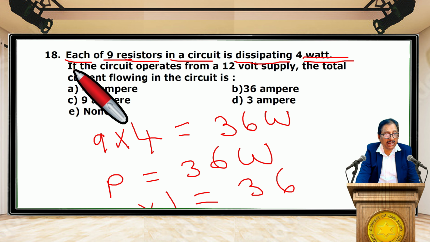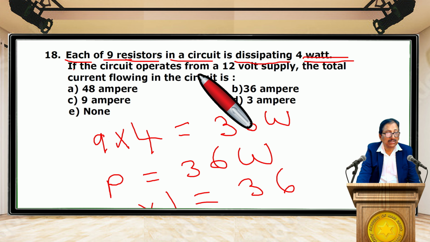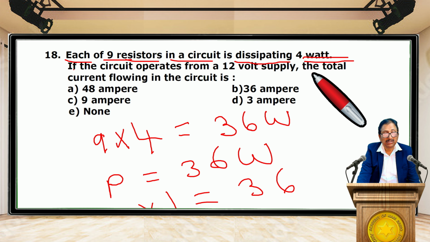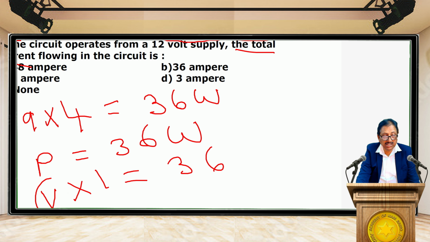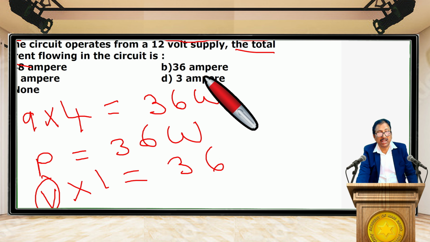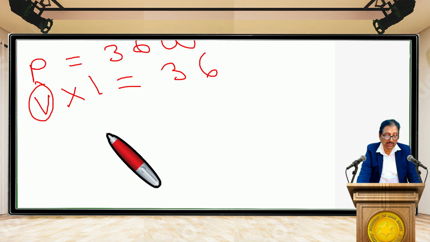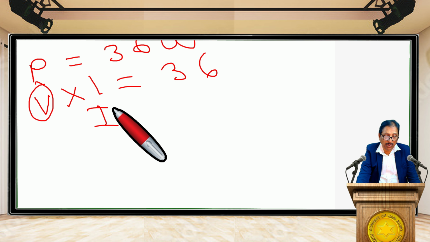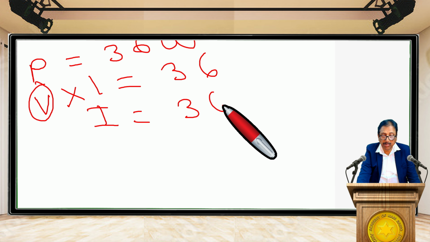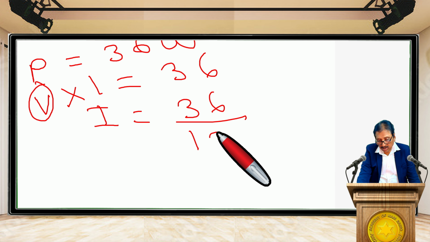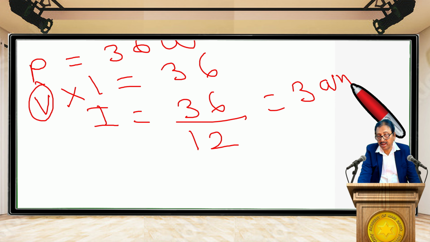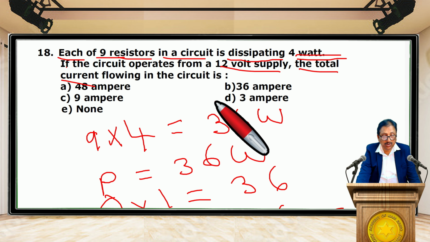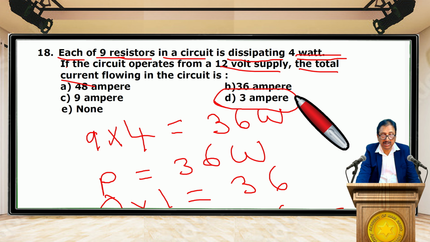We have to calculate the total current. The voltage is already given as 12 volts. So I is equal to 36 by 12, equal to 3 amperes. So Delta is the correct option.